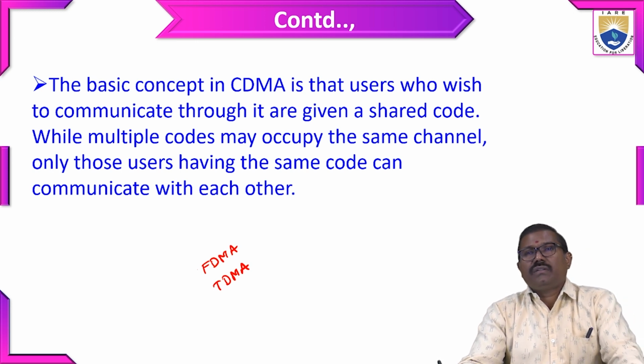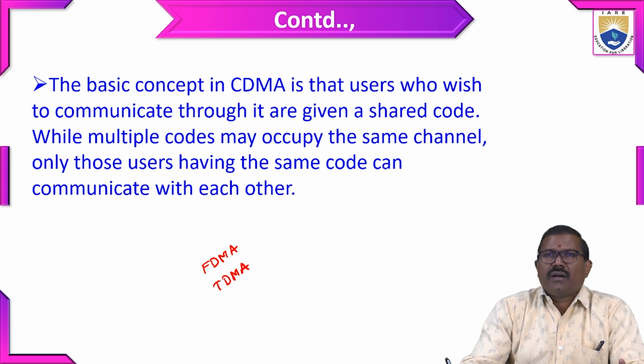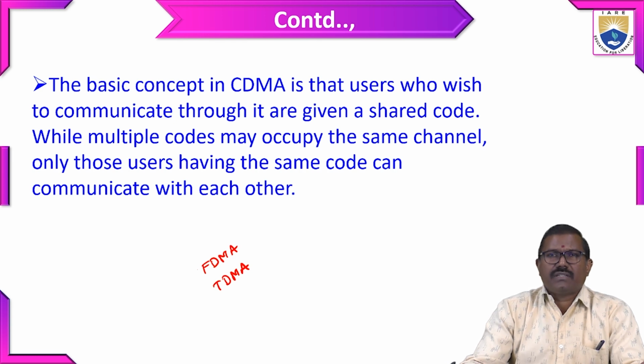So you know that in FDMA the entire bandwidth is divided among n users. So each user is allocated a frequency, and by using that frequency, that user is going to communicate. Whereas in TDMA, time slots are available, so in that particular time slot, that user is going to communicate.